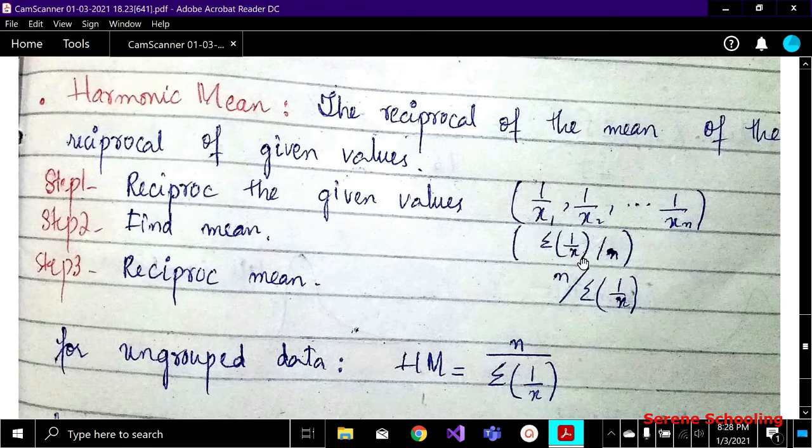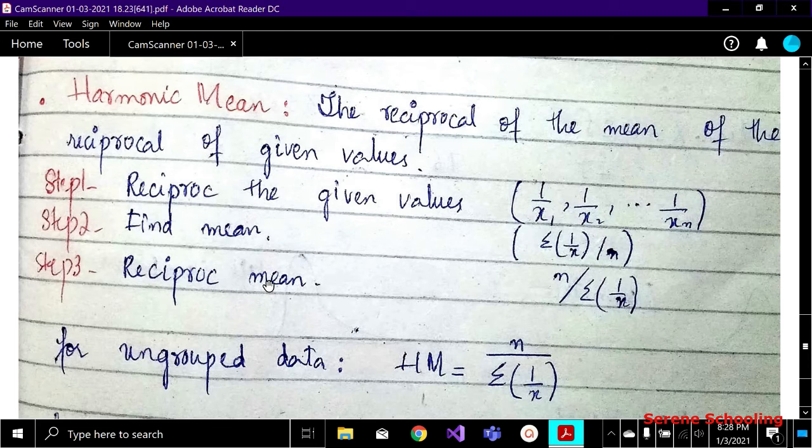You know the formula for the arithmetic mean, that was sum of values by total number of values. But here you cannot write x like that arithmetic mean. Here you have to take the reciprocal of the values, then take its arithmetic mean, right? This is very important. And in step number 3, you have to again take the reciprocal of the mean that you have just found.